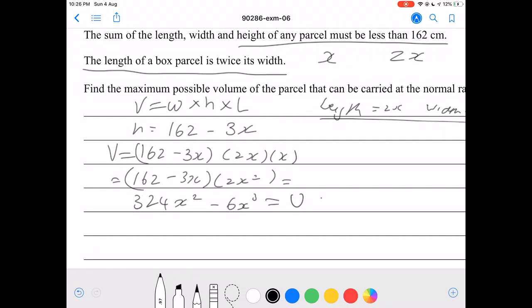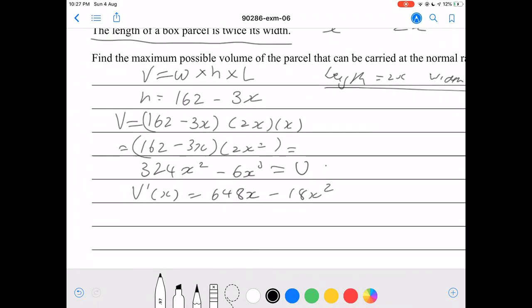To find the maximum, we need to differentiate, and then we need to make it equal to 0. So V dash of x equals 648x minus 18x squared. And now we need to make it equal to 0.